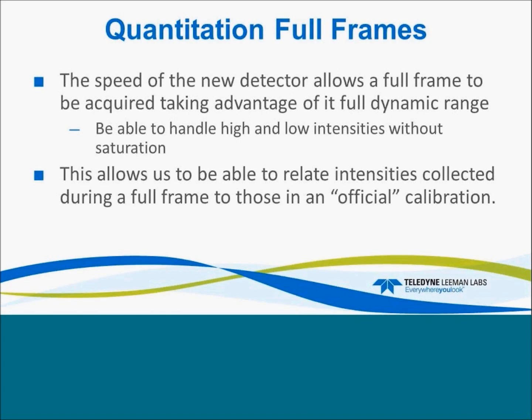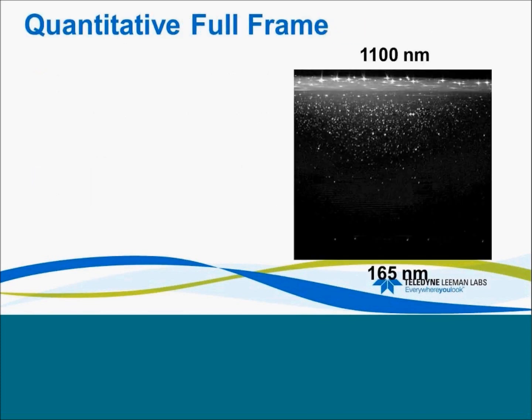On the LPAD, the intensities for calibration or running samples were not the same as intensities on a full frame image, and it was difficult to relate them together. Things would saturate, and so it was not easy to do, mostly because things saturated so quickly. With the CMOS device, things don't saturate nearly as much, the way we can read it.